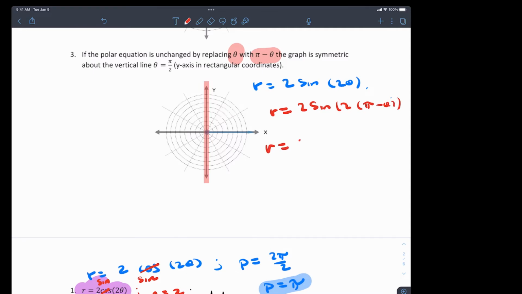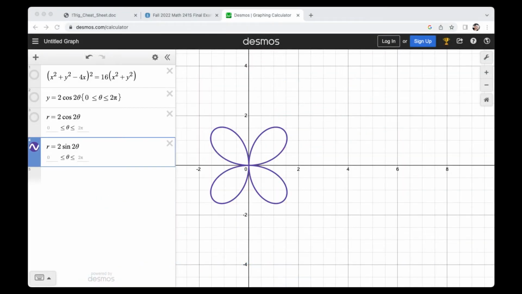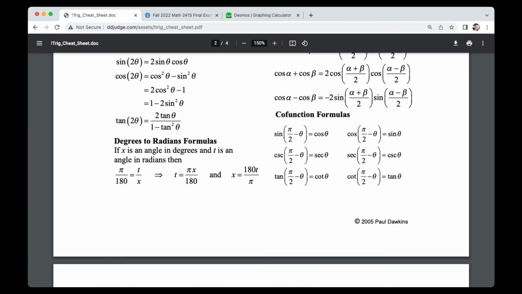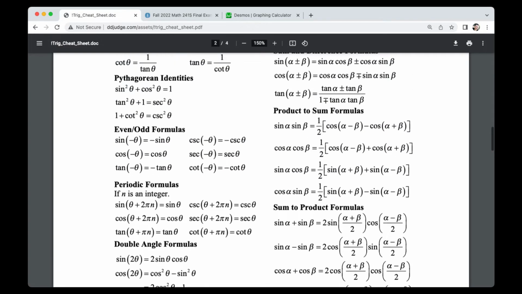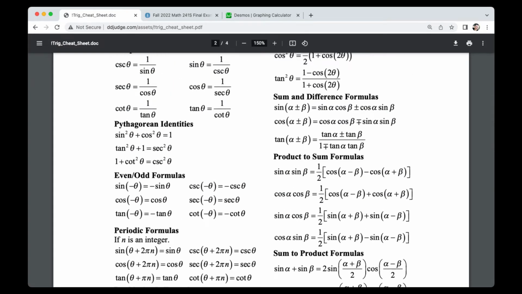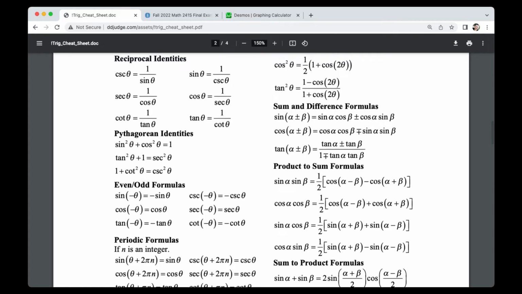What does r give you? 2 sine of 2 times pi minus theta. Do we have a difference formula? What's the difference formula for sine of A minus B? I'm going to use the difference formula here.